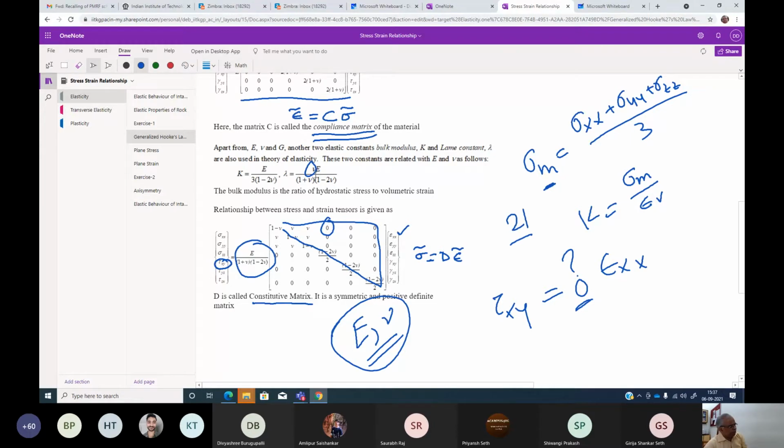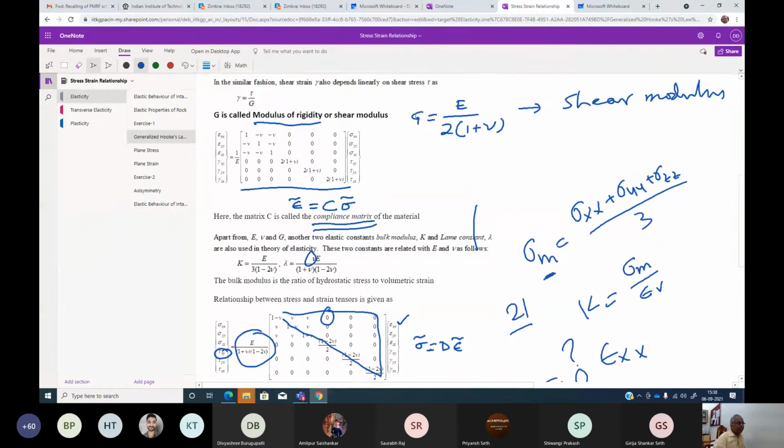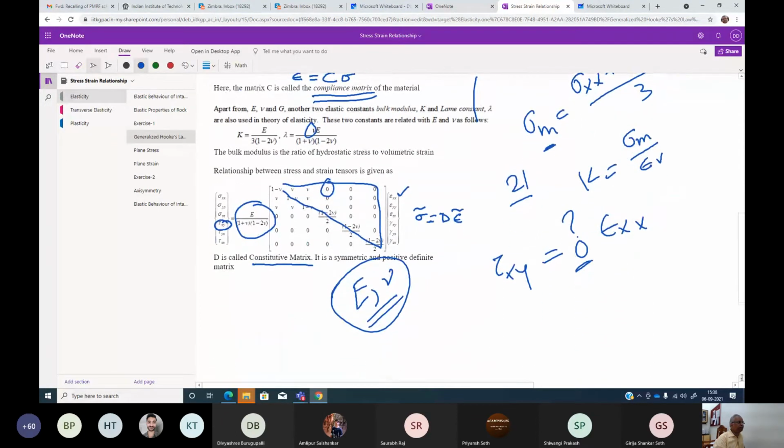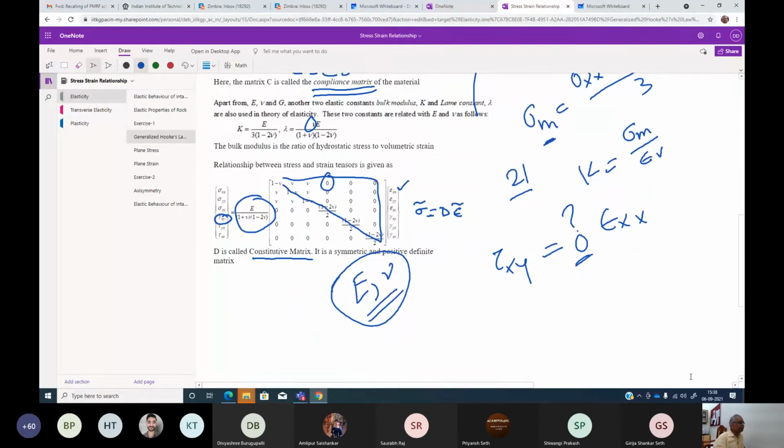There are also many other relations, but these are the main important things. One is E and mu. Another is G and K. These are the two important relationships for us. So everybody understood?